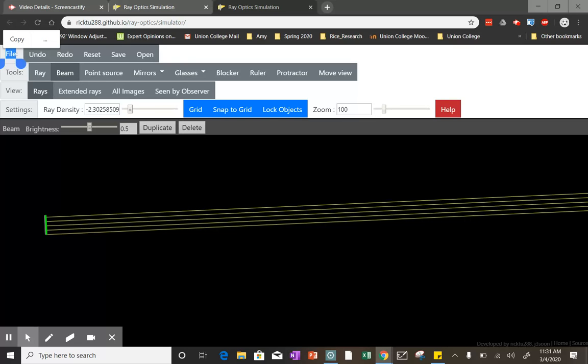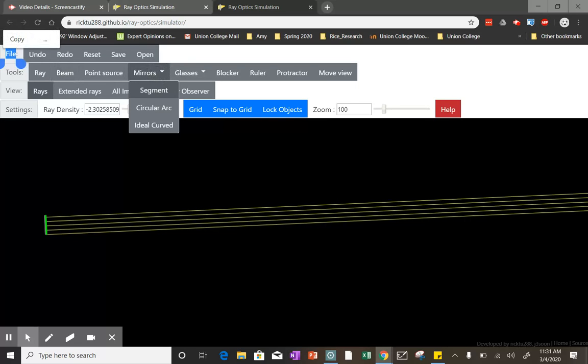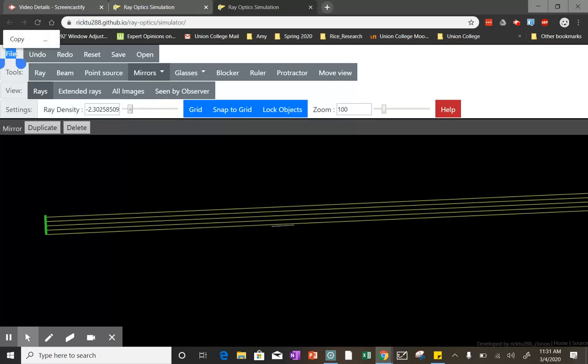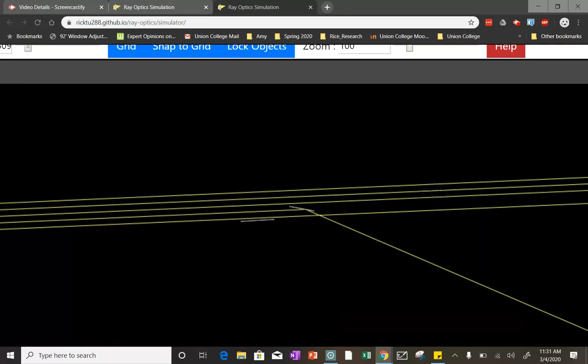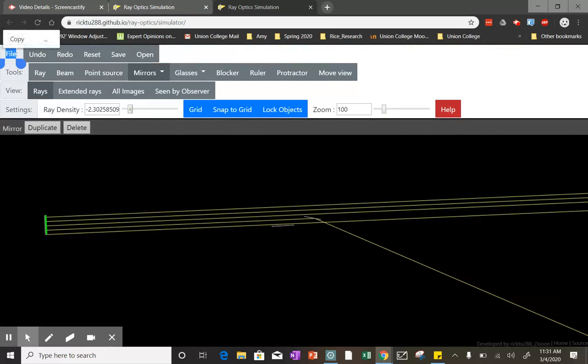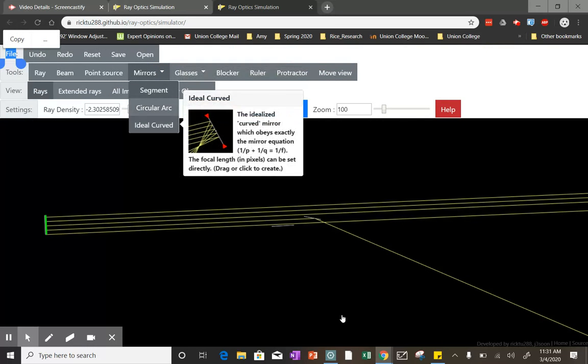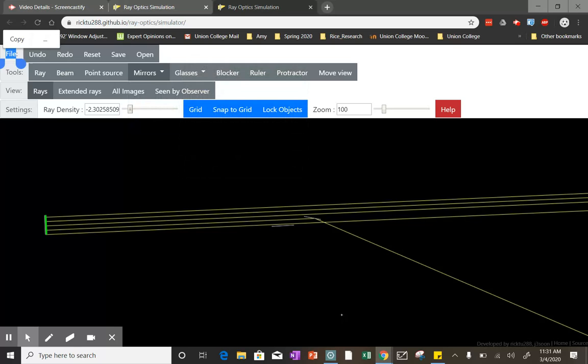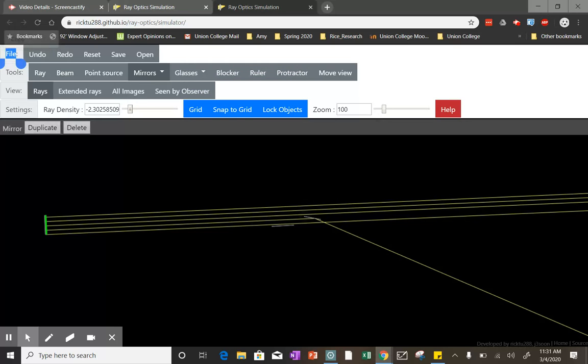But there's a beam. And then you can put on a mirror, and you can put on a segment, which is a straight line. I can't control this the way I could on the computer. It's probably set in tablet mode or something. Or you can choose a circular arc, so you can put a circular mirror on there, maybe. So you can simulate these things.